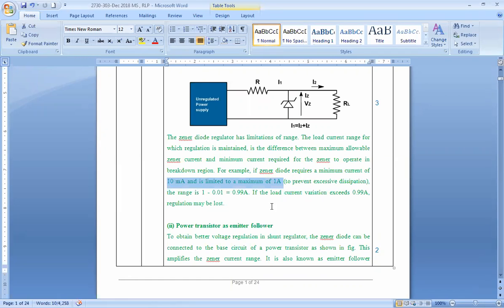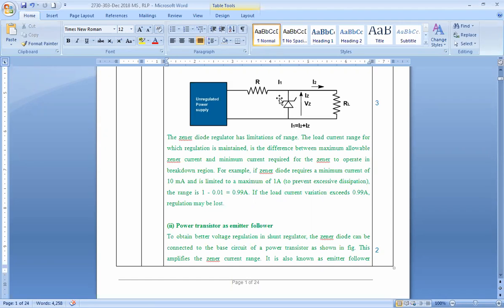The range is 1 minus 0.01, so I am subtracting 10 milliamps from 1 amp, which means the operating range that it can work on is about 0.99 amps. So if the load current variation exceeds this amount, then the regulation may be lost.